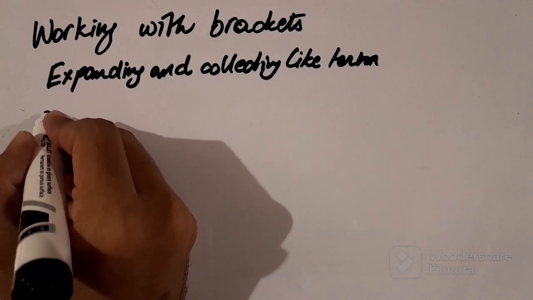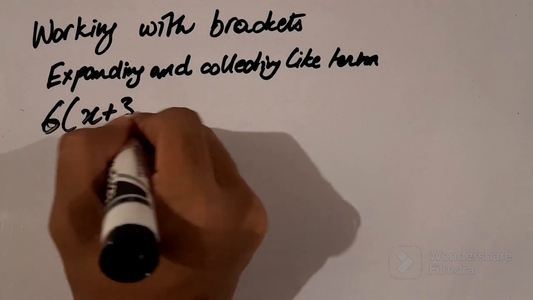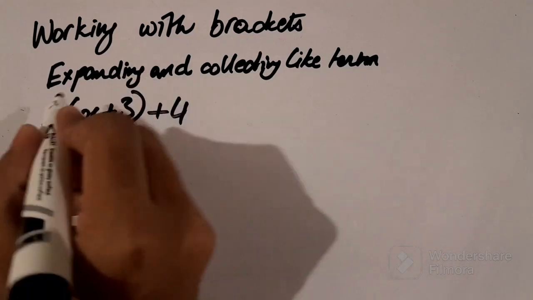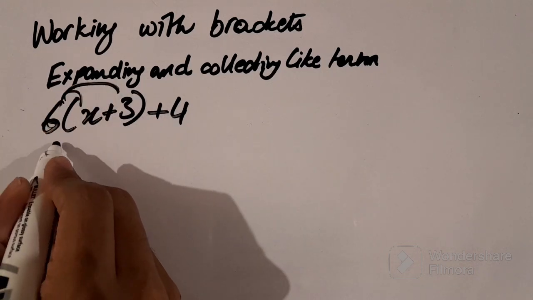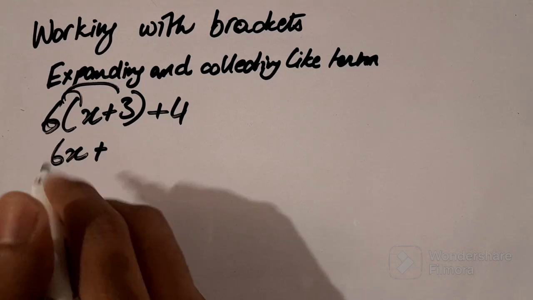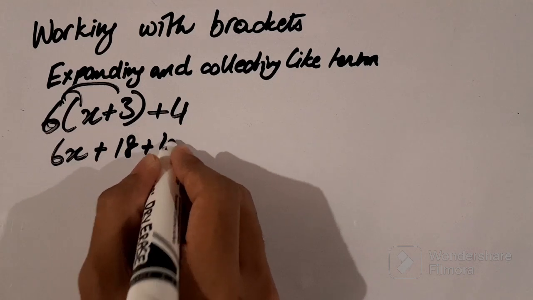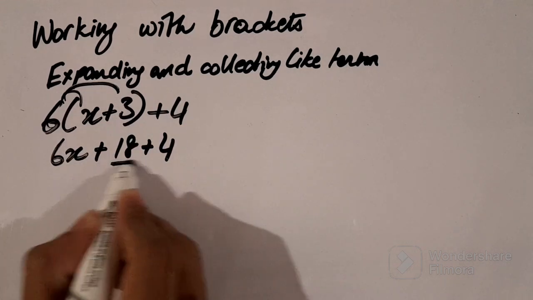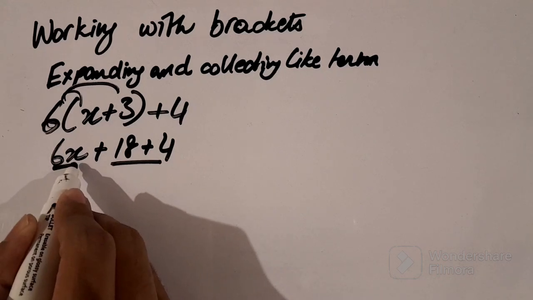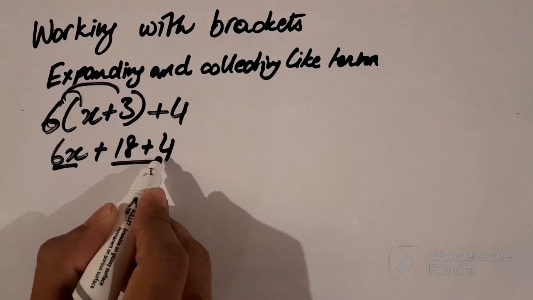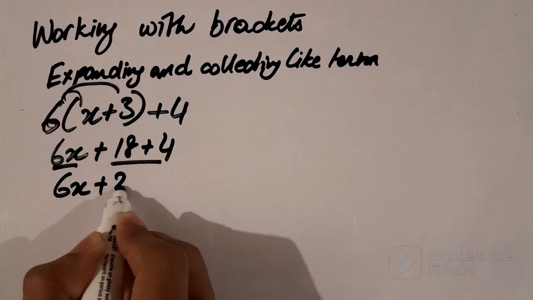So for example, over here we have 6(x + 3) + 4. So first we will multiply 6 by x and 6 by 3. So this will be 6x plus 18 plus 4. Now we will add 18 and 4. We cannot add 6x, because over here we have only the x term and there is no other term with x. So we will write 6x plus 22.